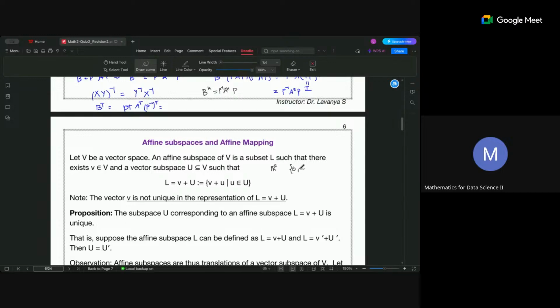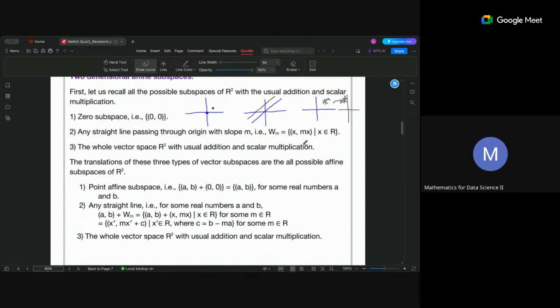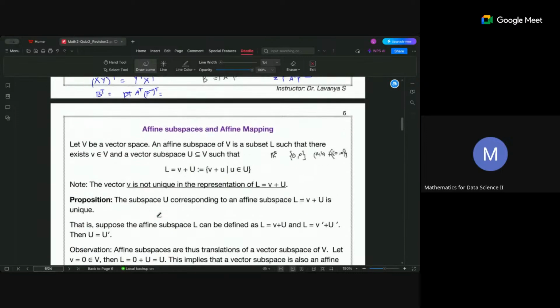The point (0, 0): I wrote some point (a, b) plus (0, 0), and that became my affine space. In the same way, for any straight line passing through the origin, (x, mx), I added the point (a, b) to (x, mx). So that became my affine space.